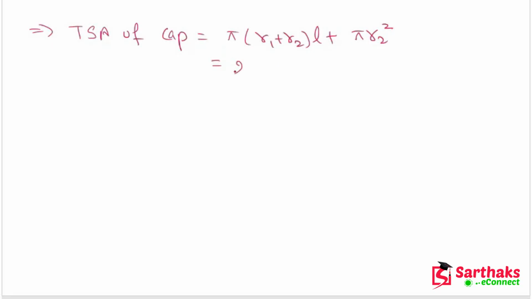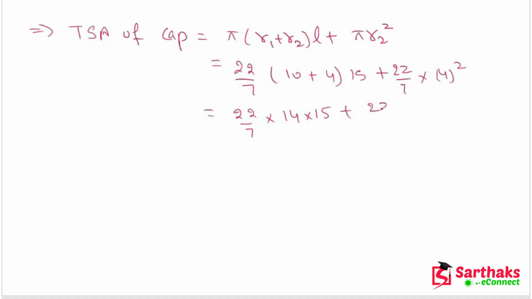So this is 22 upon 7 into R1. What is R1? R1 is 10 plus R2 is 4, times L, and L is 15, plus same 22 upon 7 into R2 square. R2 square means 4 square. So if we solve this, we get 22 upon 7 into 14 into 15 plus 22 upon 7 into 16.